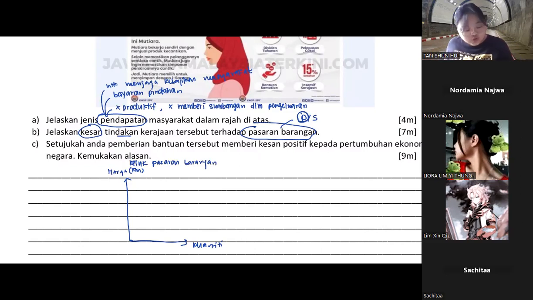Okay. Now, draw a normal demand first. D0, S0. I use ruler. So plot it original price, original quantity. Now, here, they give us what? Subsidy, right? It's a part of bantuan kewangan.